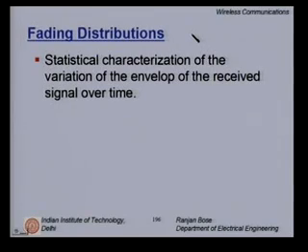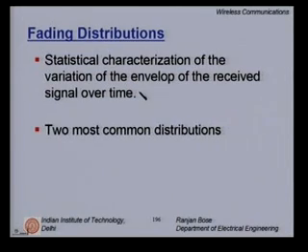Now, let us talk very briefly about fading distributions. We must talk about fading distributions at length in subsequent lectures. Statistical characterization of the variation of the envelope of the received signal over time leads us to fading distributions.